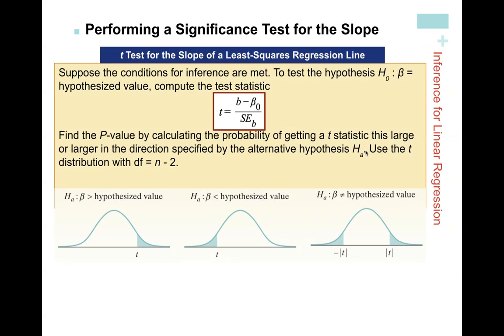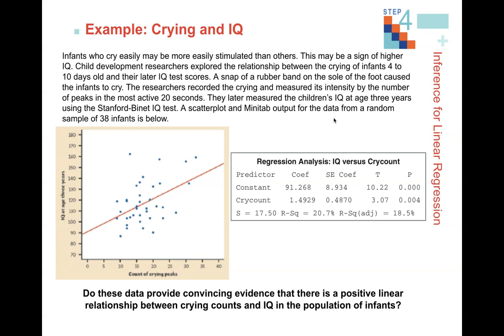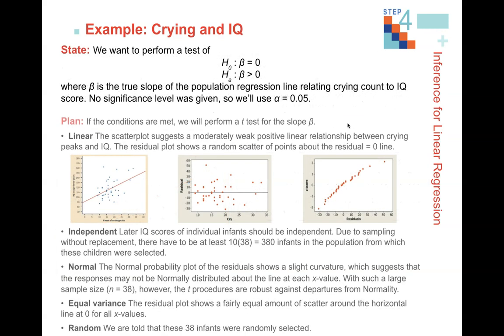So now we get to a hypothesis test. For the hypothesis test, the null hypothesis is always going to be beta equals what? The null hypothesis is going to be that there is no linear relationship in the population. So beta equals 0 is always going to be our null.